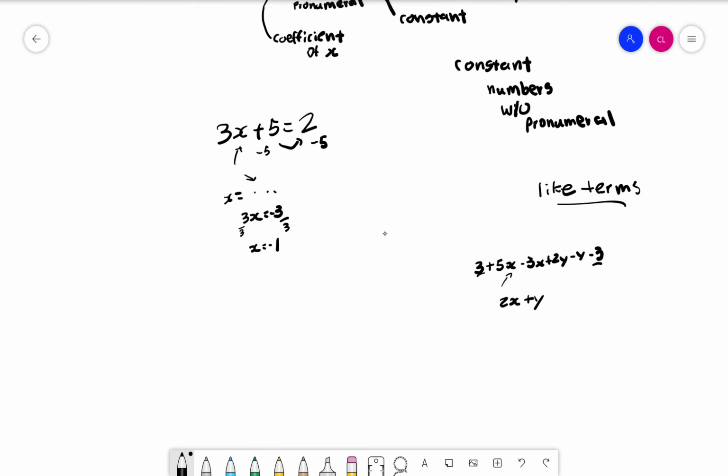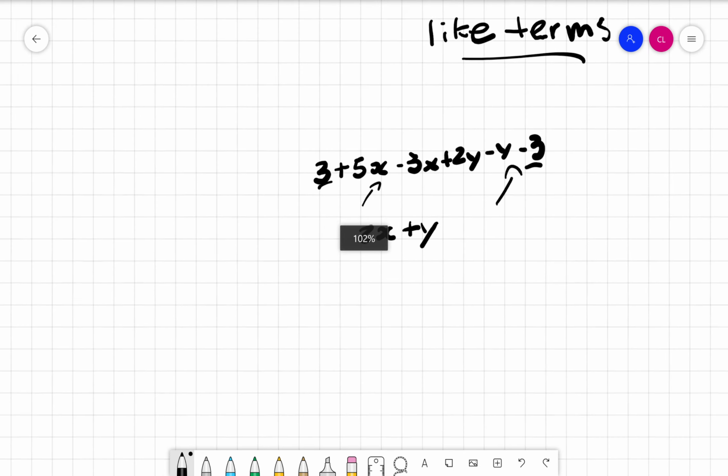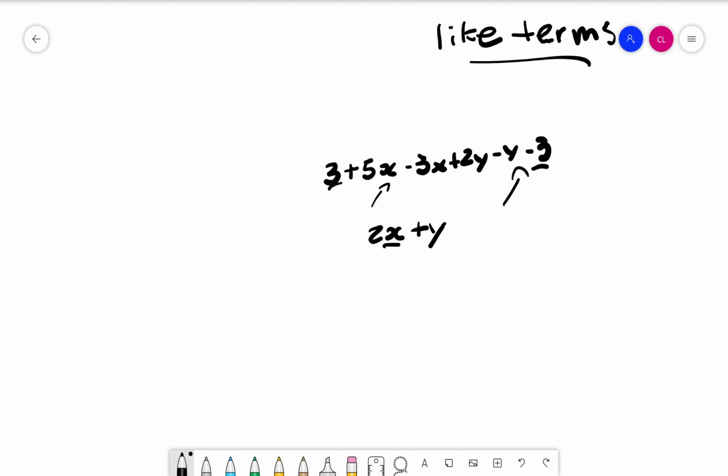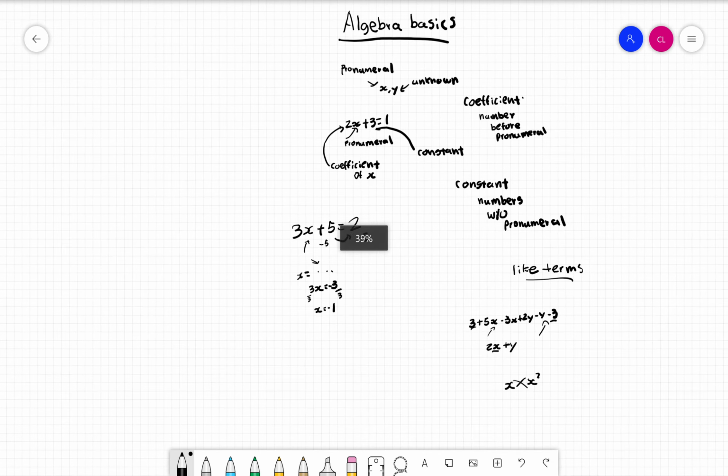Now that's simplified from whatever that was. And also it's important that you know that the pronumeral part has to be exactly the same. So like if one is x and one is x squared, you cannot just simply add them together.